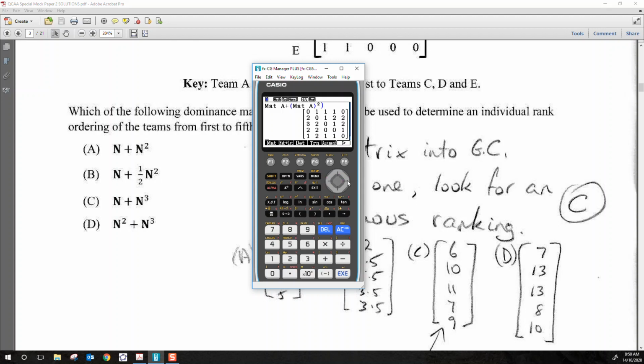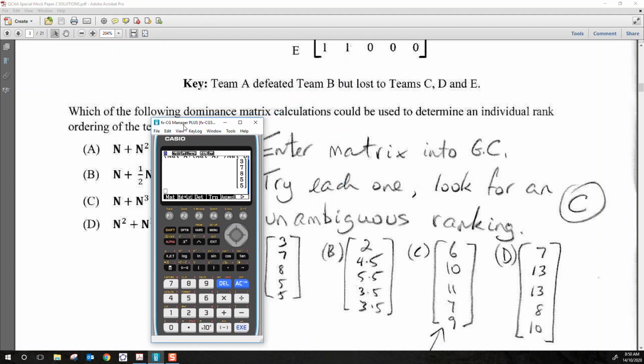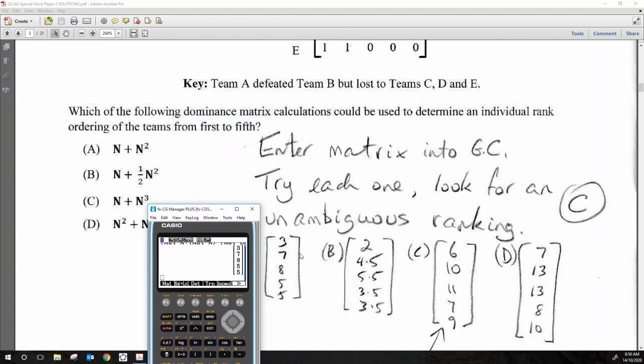I'll put a pair of brackets around all of that, and then I will multiply by matrix B. That was that column matrix which were all 1s. The effect of that is to add the rows and write it as a column matrix. So for choice A, you can see it's there. I wrote it down, 3, 7, 8, 5, 5.